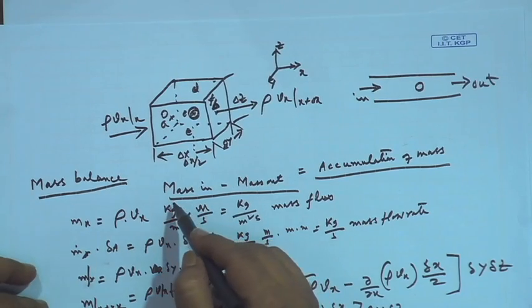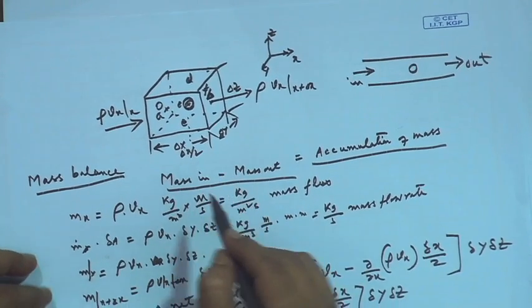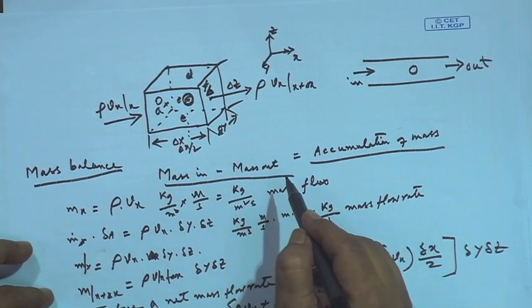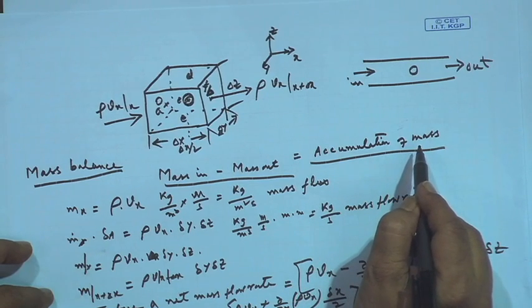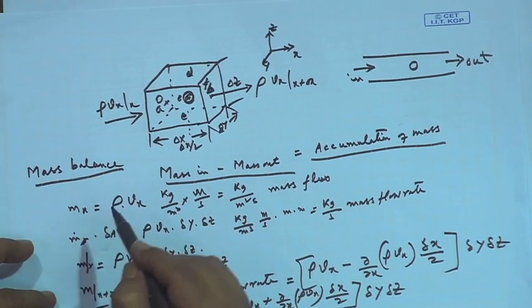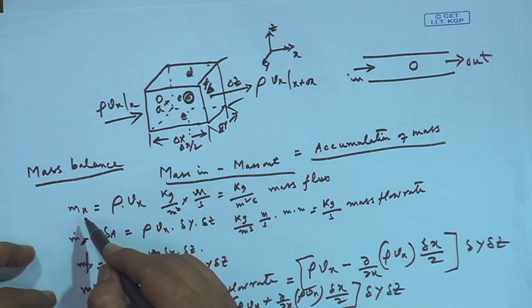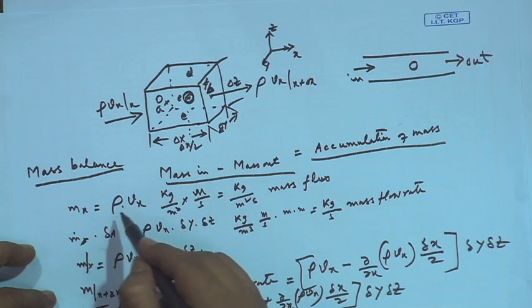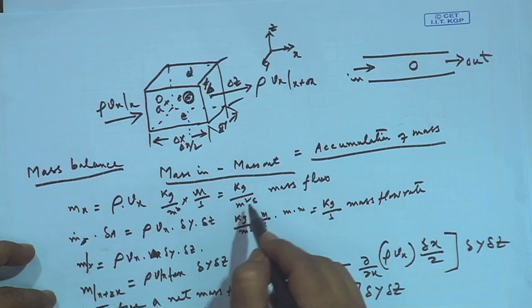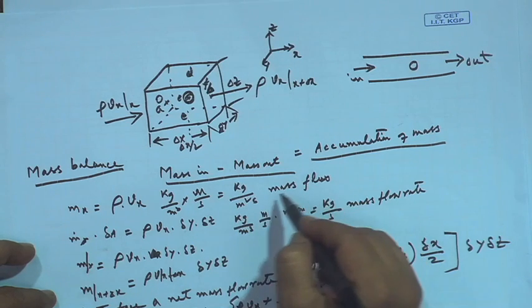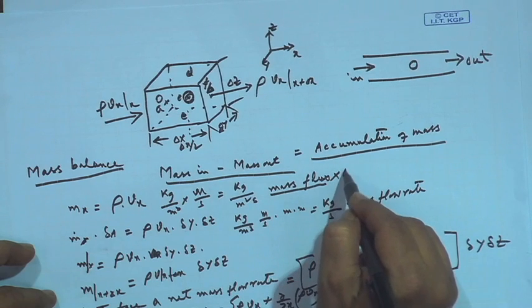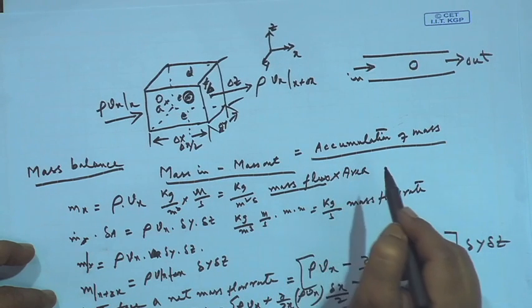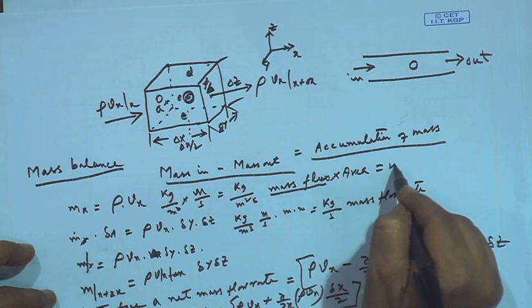We said we will do the mass balance, that is mass in minus mass out equal to mass accumulation. Mass flux is ρ into Vx, that is kg per meter square into second. If it is multiplied with area, it becomes the mass flow rate.